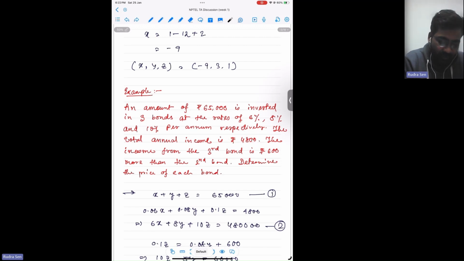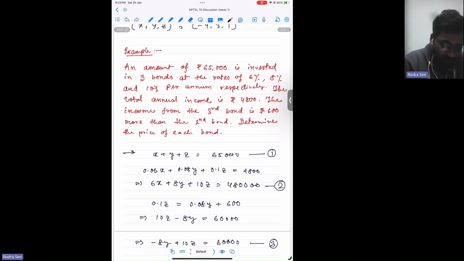And the third piece of information is that the income from the third bond is 600 more than the income of the second bond. So from these three pieces of information, we get three equations, and then we put them in Ax equals B format, and then we do the Gauss elimination method, and then we'll get the result.